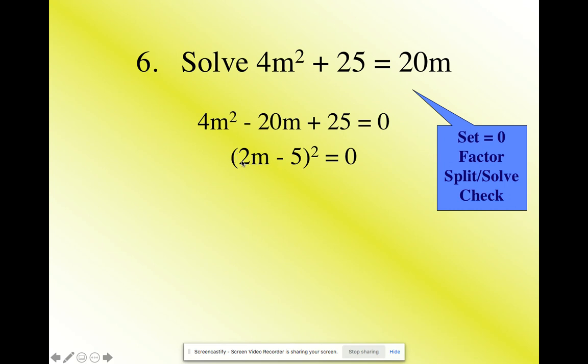So we set it up like this: (2m - 5) squared. If you're not sure exactly how I got to this, Joel, all I did was the opposite of FOIL, pulling those pieces out. Because they're going to be the same answer, add 5, divide by 2, and you have your answer.